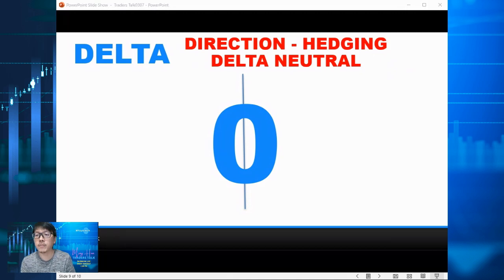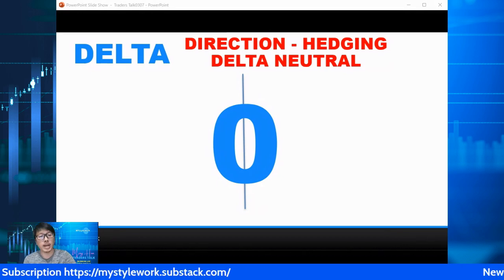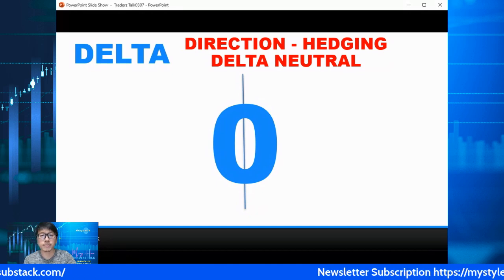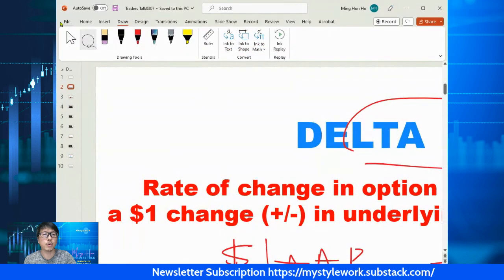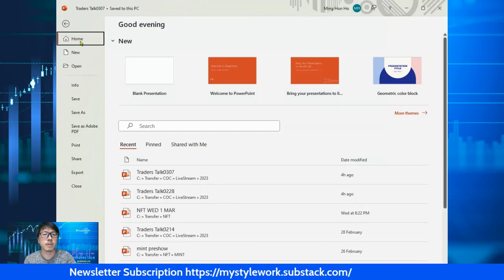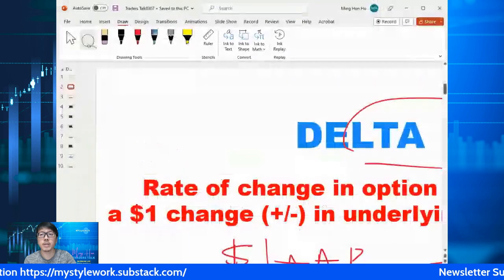Say for example, if you're doing an iron condor, let me put this. Maybe this time I'll see whether I can write or not. Okay, maybe I do a new one. New blank. Okay, now I can write.